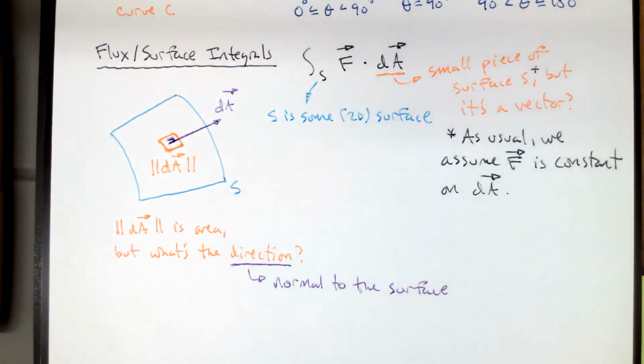A little bit different than our line integral. In our line integral, we took the direction on the curve tangent to the curve. But here we've got a plane that's tangent to the surface, and I want one vector, so we describe it normal to the surface. Any questions?